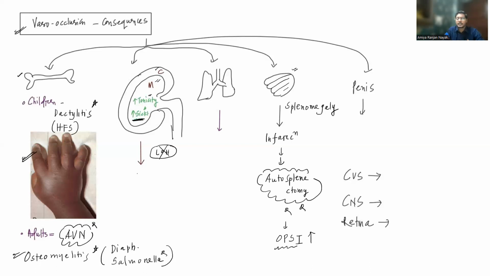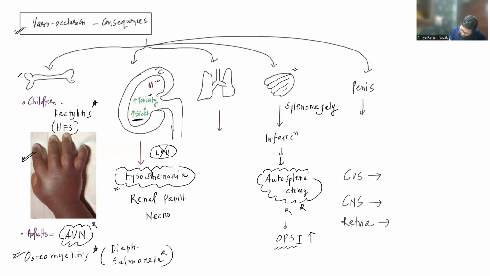These patients cannot concentrate the urine, and that condition is known as hyposthenuria. Also, there is increased risk of renal papillary necrosis. This also we'll discuss more when we discuss renal pathology.